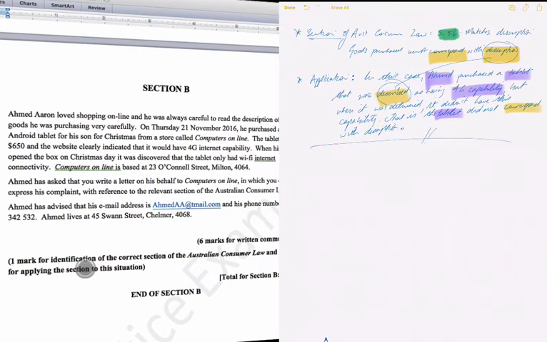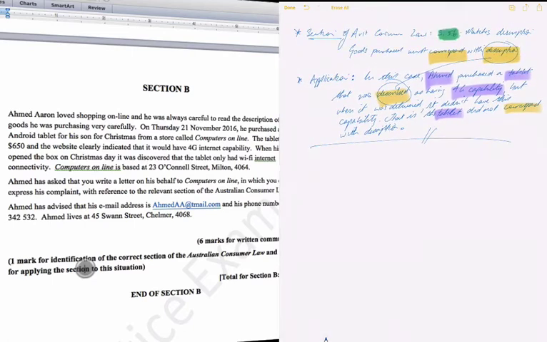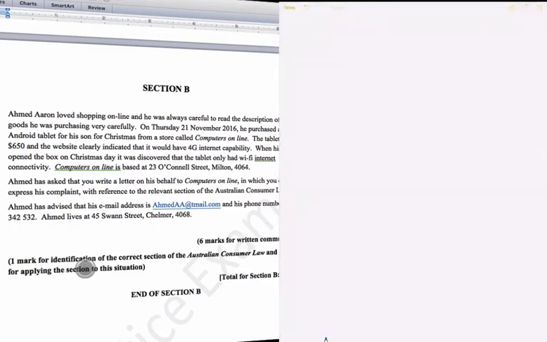Now, as well as that, we have to actually write a letter setting out this particular problem. We've been asked to write this letter, and we've all been provided those template letters in our materials. I'm going to start a new sheet here and think about how I actually write it.